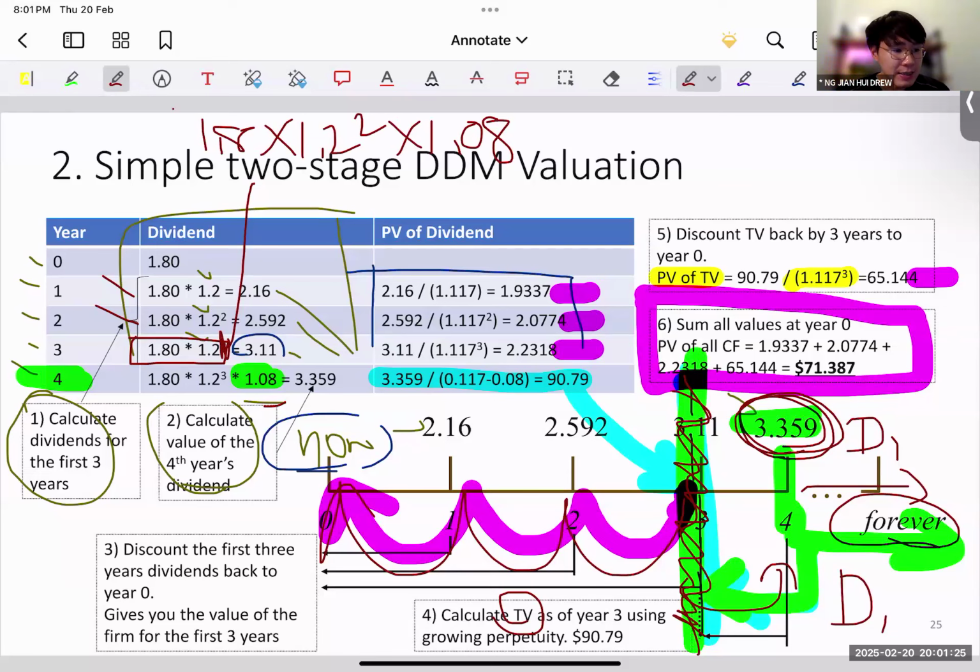So this will be year 3, and we stop at year 3 because at year 3 means that the value here, let's say it's y.